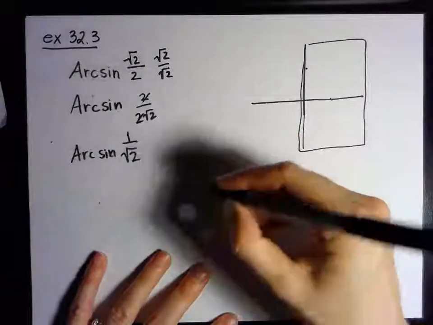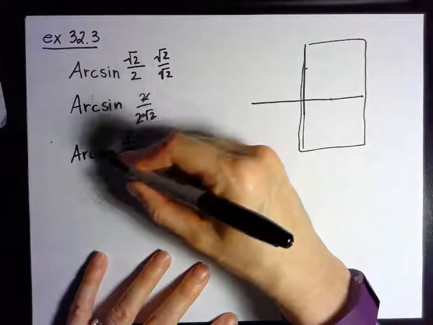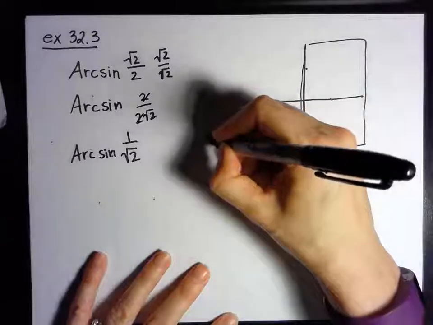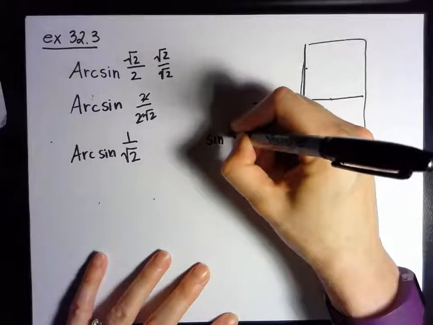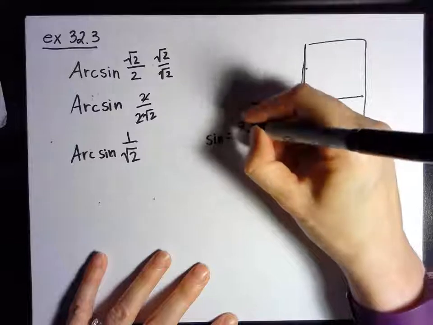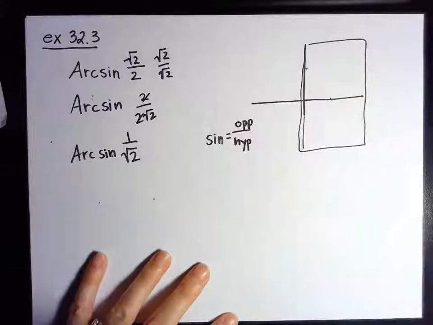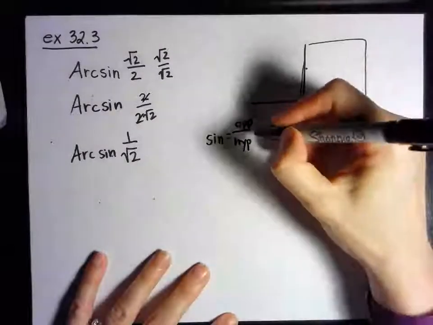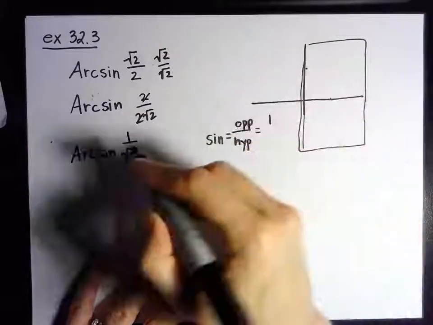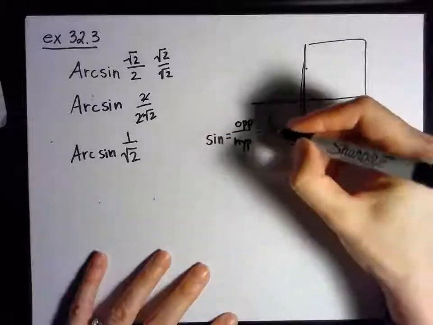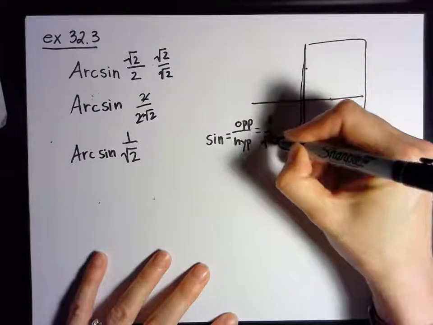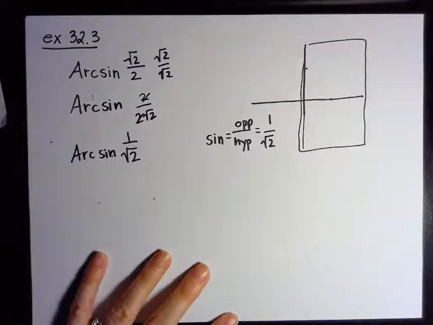The sine would be opposite over hypotenuse. So that means the opposite would have to have a value of 1, and the hypotenuse would have to have a value of square root of 2.